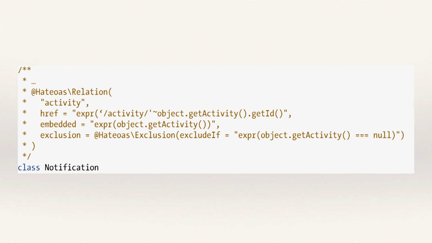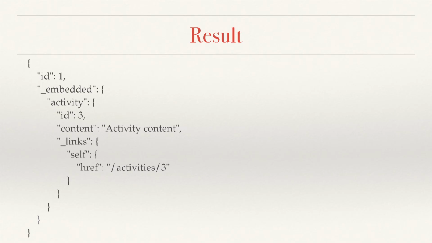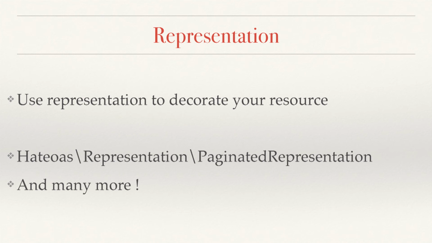Here is concatenation, object get activity, get ID. And the result looks like this. I have the embed, the activity, and of course all the information I have in my activity, the links, and representation.